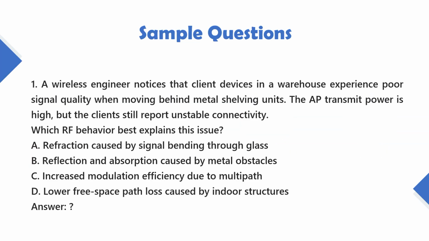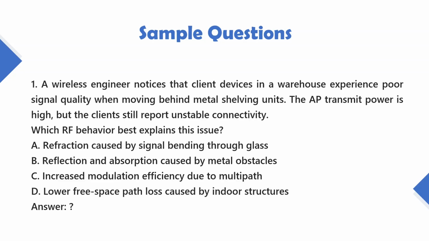1. A wireless engineer notices that client devices in a warehouse experience poor signal quality when moving behind metal shelving units. The AP transmit power is high, but the clients still report unstable connectivity. Which RF behavior best explains this issue?